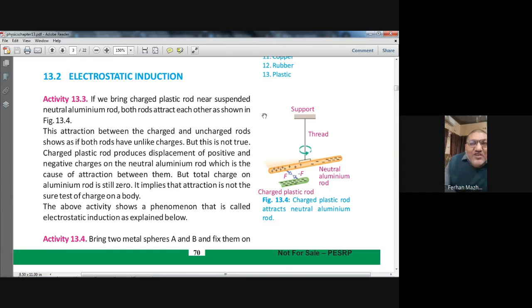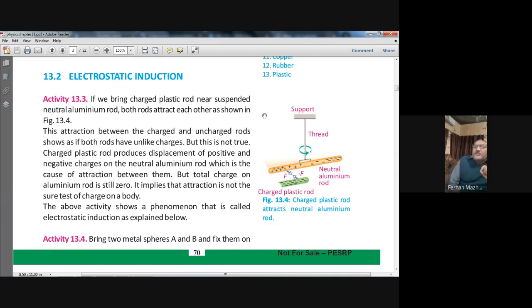Charged plastic rod produces displacement of positive and negative charges on the neutral aluminum rod, which is the cause of attraction between them. But total charge on the aluminum rod is still zero. It implies that attraction is not the sure test of charge on a body.